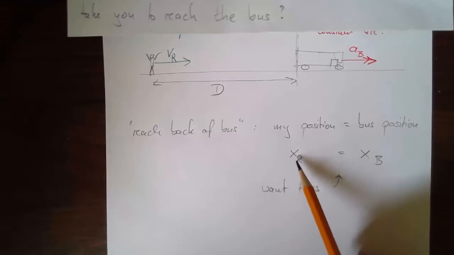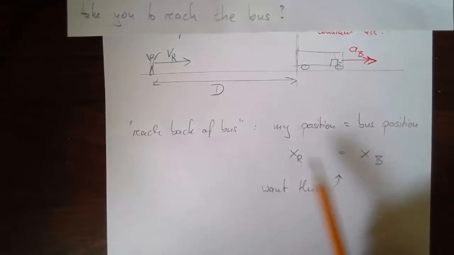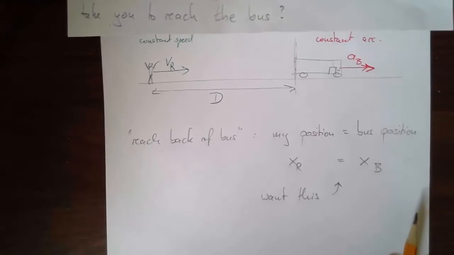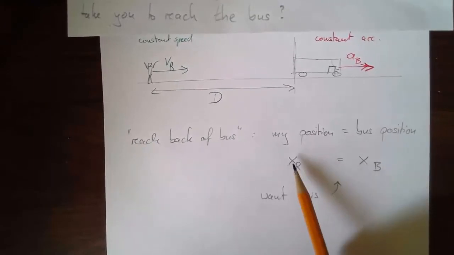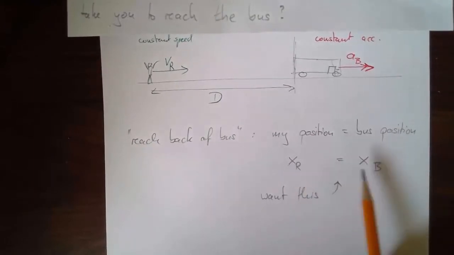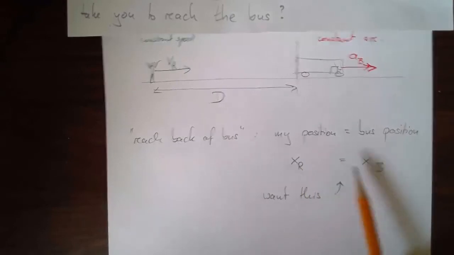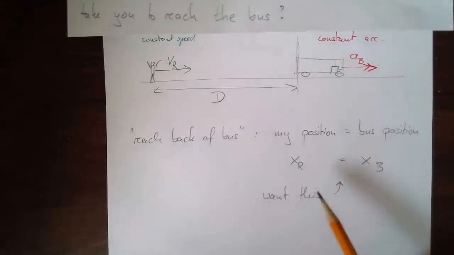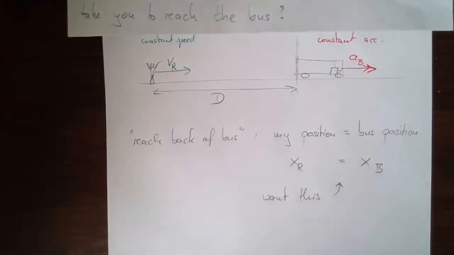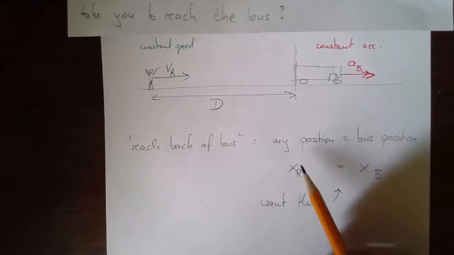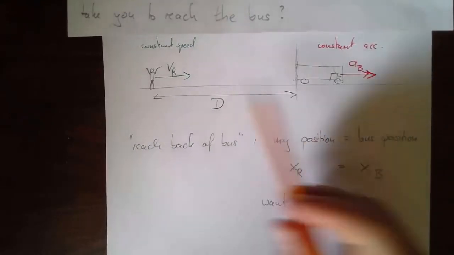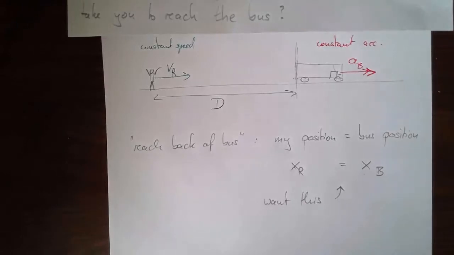Okay, so let's then write down an expression for each of those. Notice I haven't chosen the coordinate system yet, which is okay, because if they're in the same position in one coordinate system, they're in the same position in all coordinate systems, right? So that statement is not coordinate system dependent. But if I want to find an actual expression for this one and this one in terms of those quantities, I need to pick a coordinate system, because I have to use the same coordinate system for both of them.